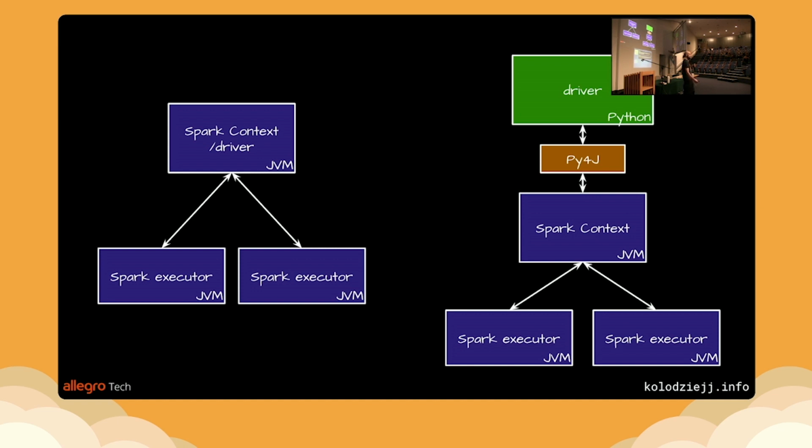And then when we are receiving any data back, it also needs to go over the same process. So this adds additional overhead right away, even before we are actually using executors.